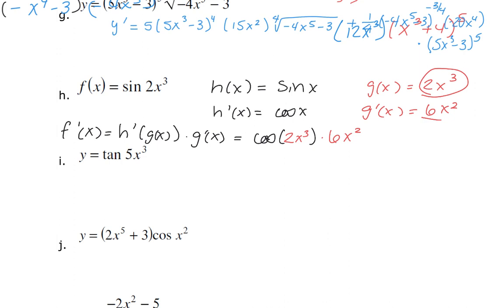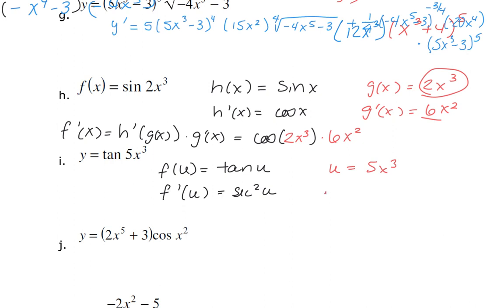Now on i, I'm going to do it slightly differently. I'm going to think of it as the angle, so I'm going to do it as u and then tangent of u. If f of x is equal to the tangent of u, then f prime of u would be equal to secant squared of u. u is equal to 5x to the third.